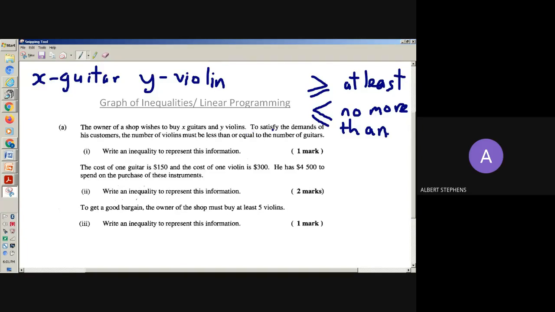It says to satisfy the demands of his customers, the number of violins must be less than or equal to the number of guitars. It says write an inequality to represent the information. Anybody want to tell me what to write? What do you think the answer is?